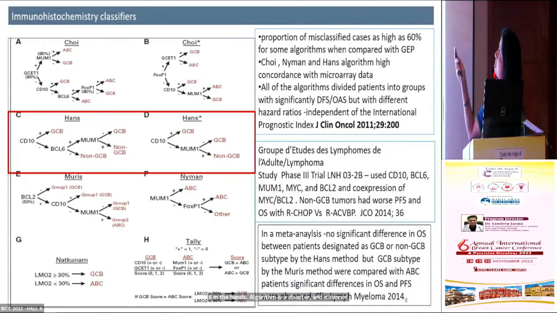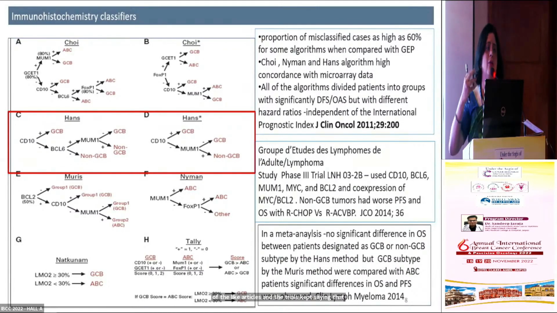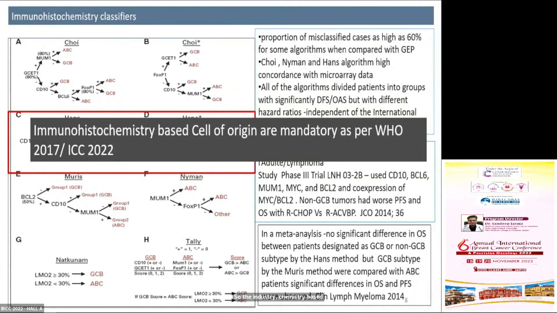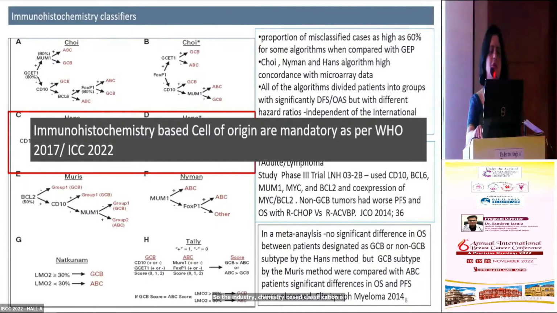There is only 60% match between these algorithms and the gene profiling studies, and hence there was a bit of a dilemma in most people's lives. But still some of the later articles and trials kept saying that GCB tumors may not be bad tumors, but ABC were uniformly behaving in a bad manner. So the immunohistochemistry based classification is mandatory in WHO 2017 and also in the ICC 2022.